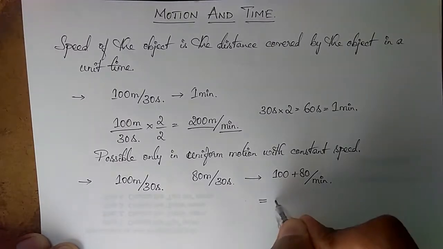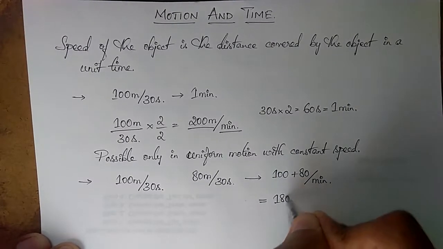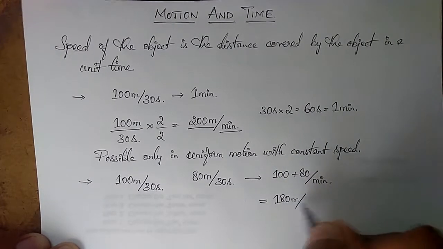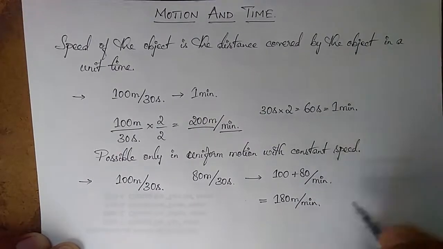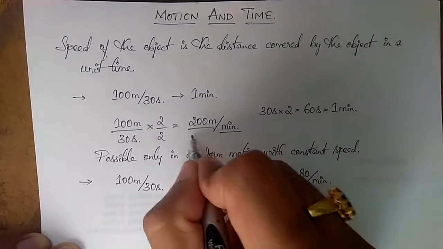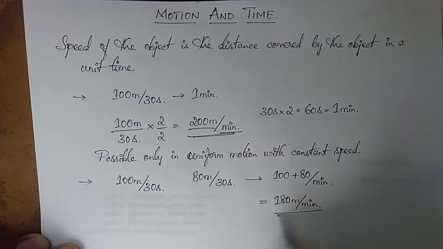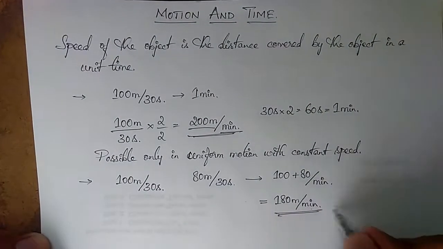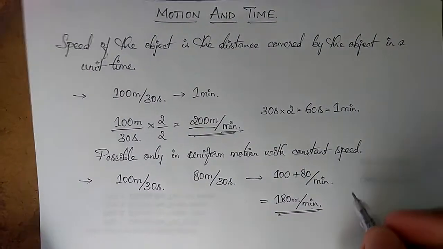So, that gives him a speed of 180 meters per minute, which is different than the earlier one. And it is lesser because of the tiredness that he felt during the race.